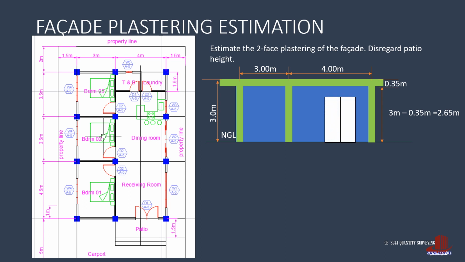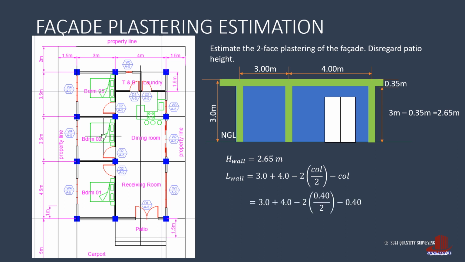So continue the computation by taking the total length of the wall. That is 3 plus 4 less twice half of the 2 columns at the end and the width of the middle column. In numbers, that is 3 plus 4 minus twice of 0.4 over 2 minus 0.4, which gives 6.2 meters.